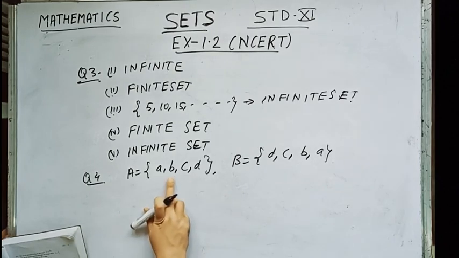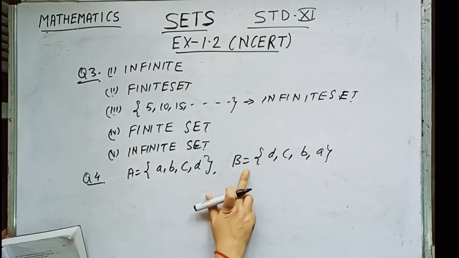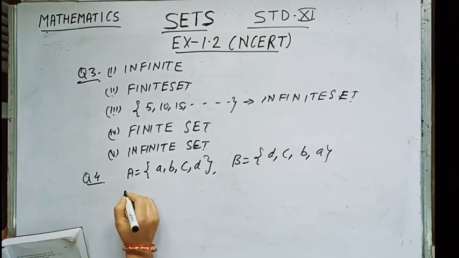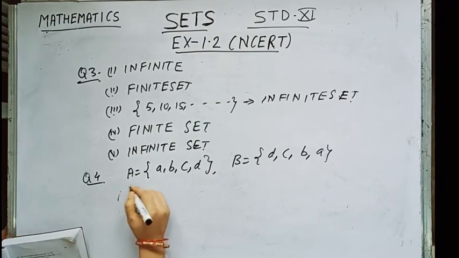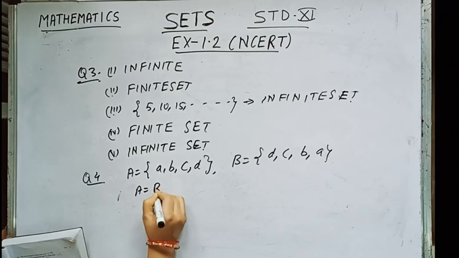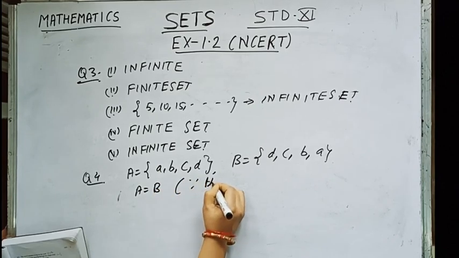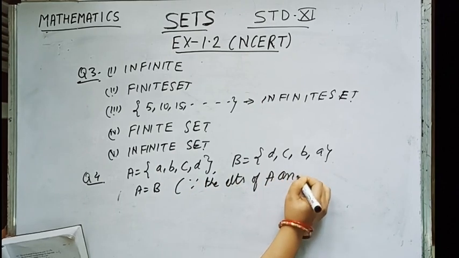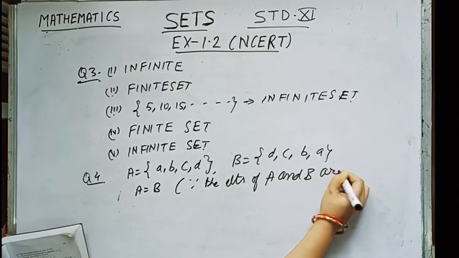The elements in A are a, b, c, d and the elements in B also are a, b, c, d only. Therefore we can say here A equals B, since the elements of A and B are same.